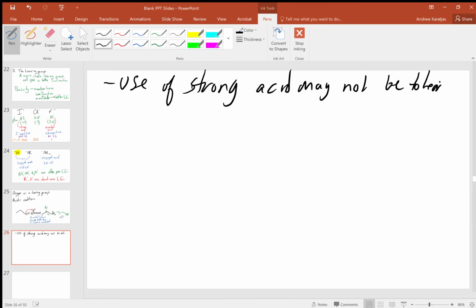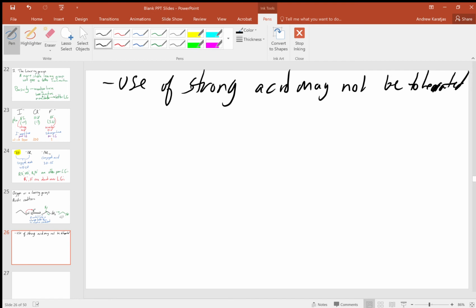And that strong acid may not be tolerated by other functional groups. What do we mean by that?